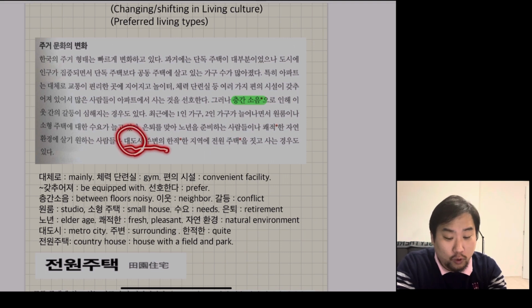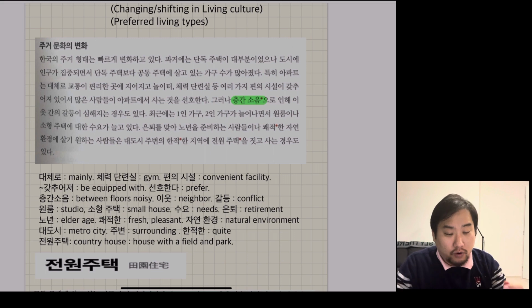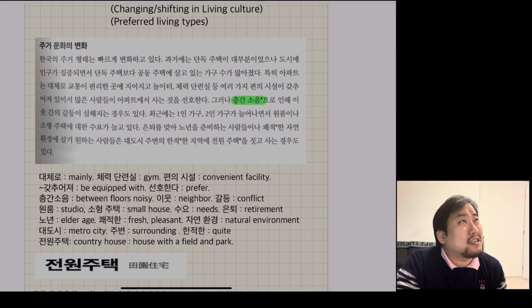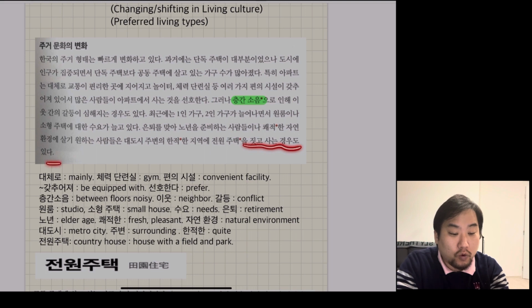So 대도시 is a metropolitan city. So 대도시 주변. Not in the metropolitan city, but near around the metropolitan city. 대도시 주변에 한적하다 is a tranquil or quiet. 한적한 지역에 전원 주택을 짓고 사는 경우도 있다.